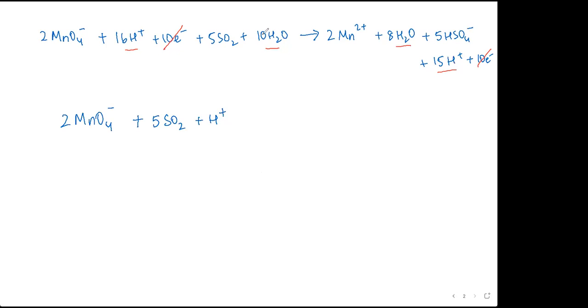And for H2O, we've got 10 H2O on this side, 8 H2O on this side, so we'll be left with 2 H2O over here. Okay, so this is the final equation. This is the balanced redox reaction.